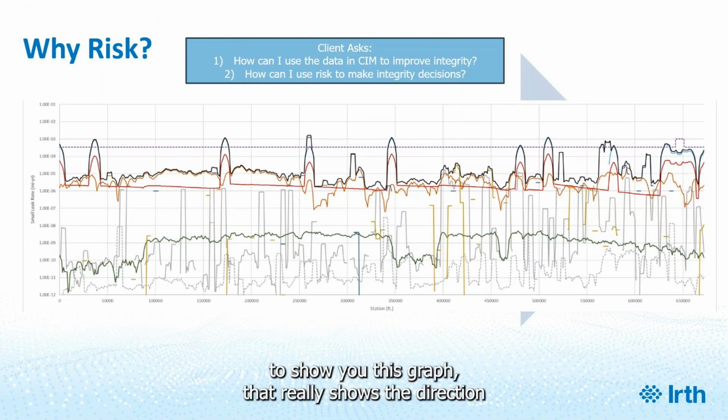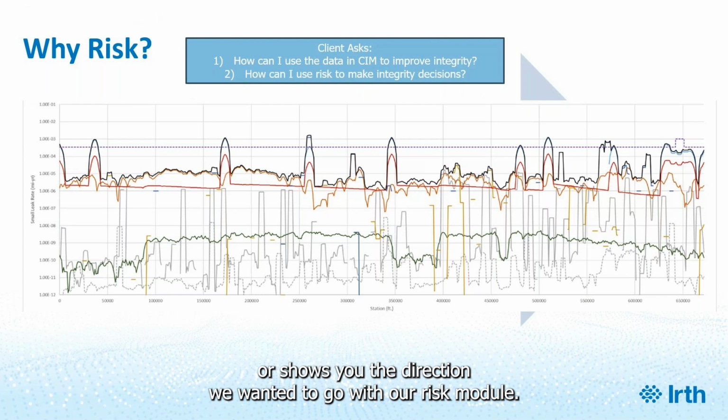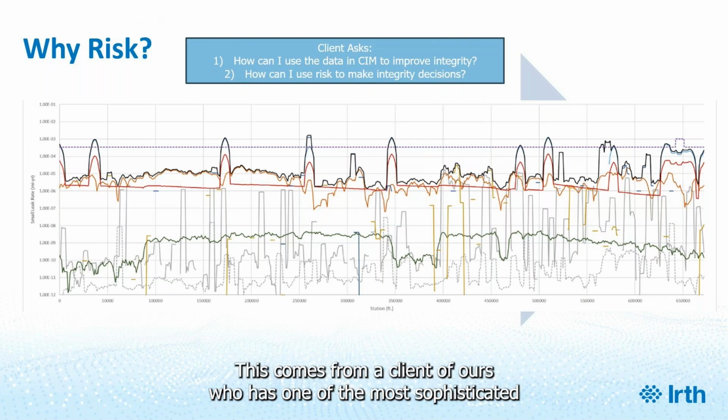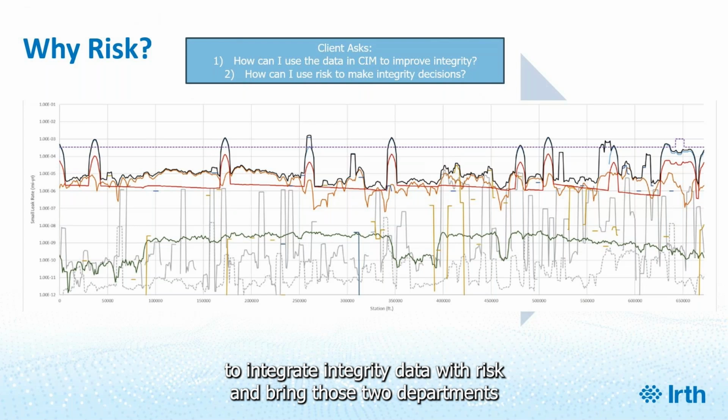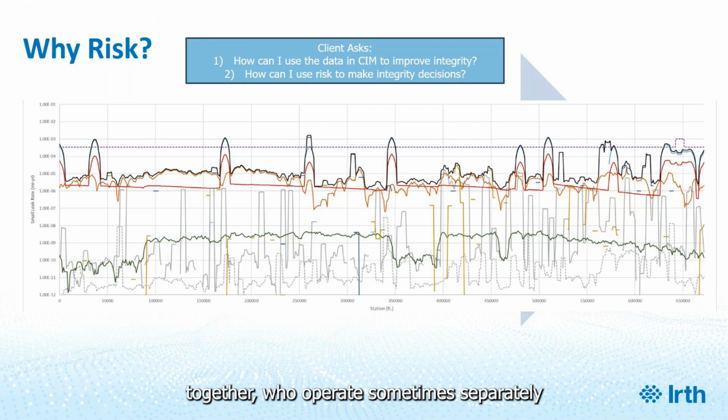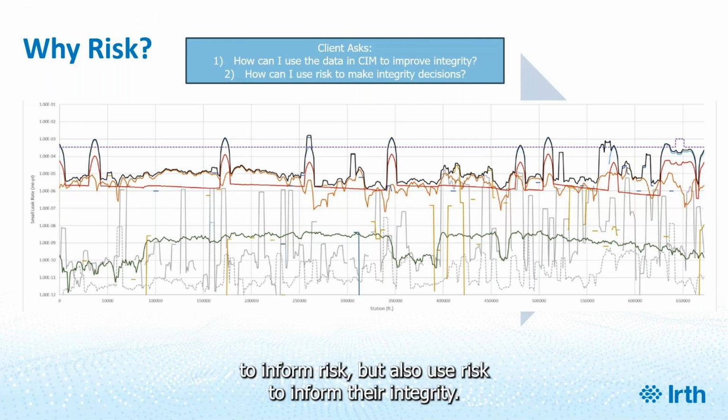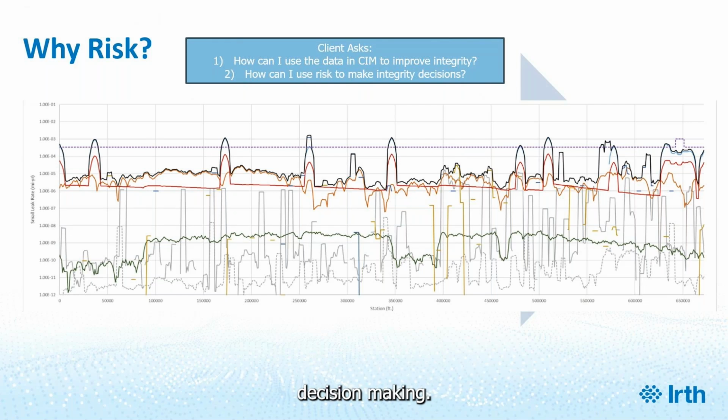So I wanted to show you this graph that really shows you guys the direction we want to go with our risk module. This comes from a client of ours who has one of the most sophisticated integrity programs I think I've ever seen, because they really found a way to integrate integrity data with risk and bring those 2 departments together who typically operate sometimes separately, and use integrity data to inform risk, but also use risk to inform their integrity decision making.